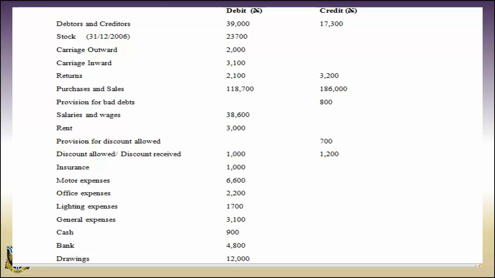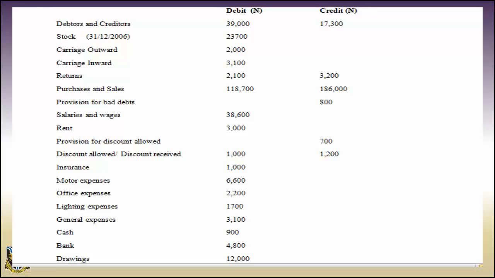Debtors and creditors: debit 39,000, credit 17,300. Stock at 31/12/2006, debit 23,700. Carriage outward, debit 2,000.